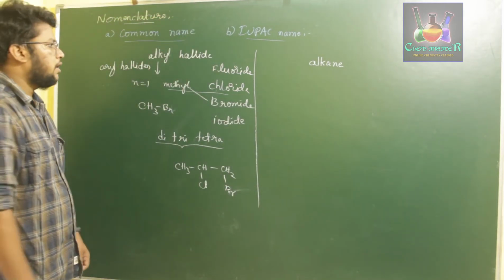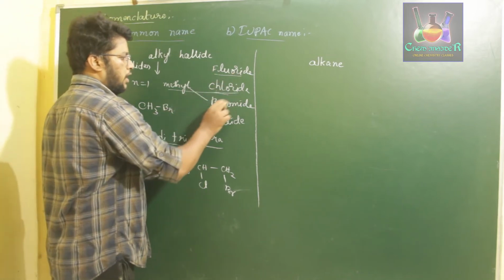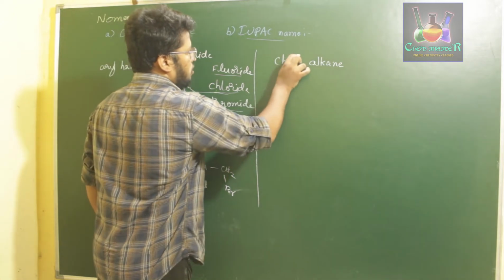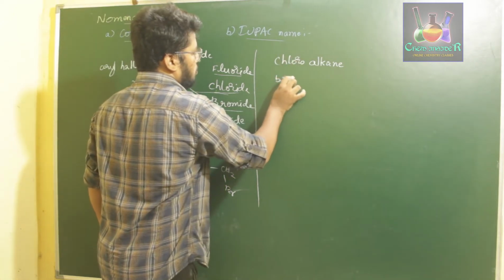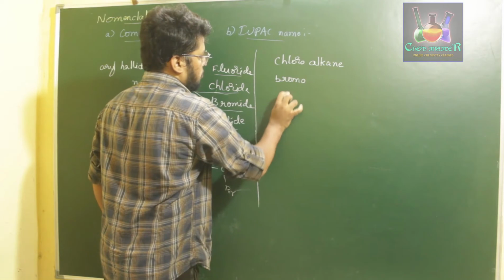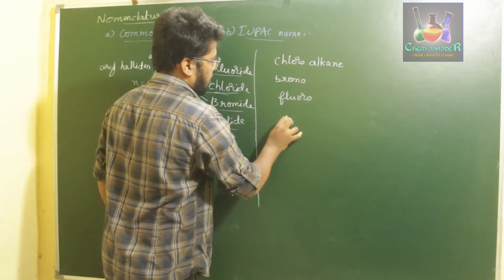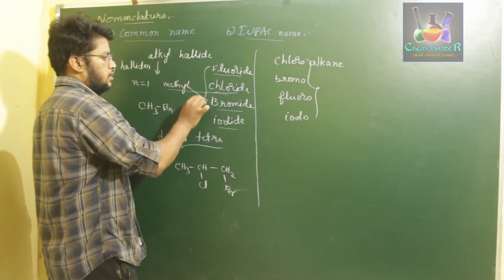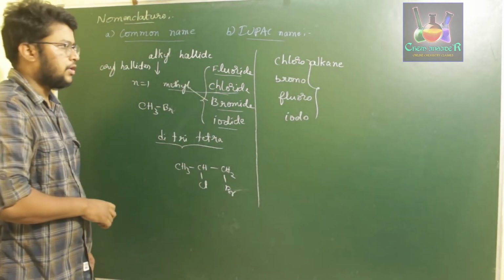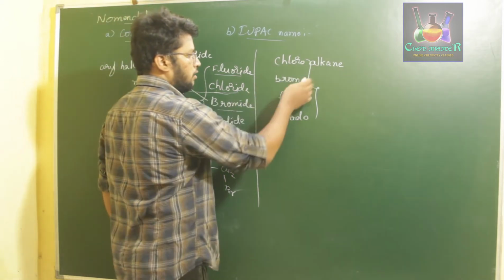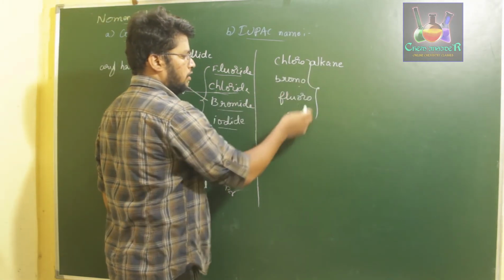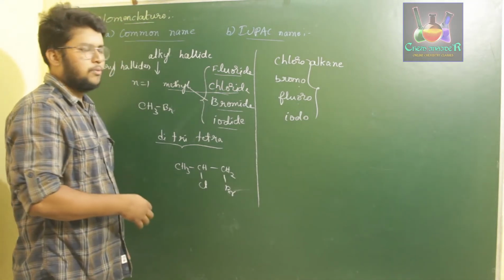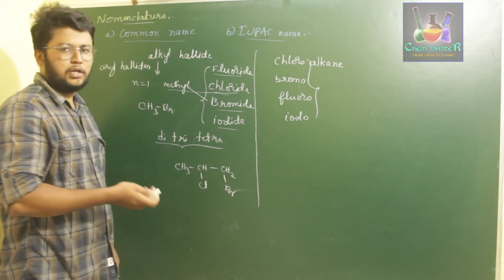The fluoride, chloride, bromide, iodide present will be taken as prefixes, such as chloro, bromo, fluoro, iodo. Here we consider them as prefixes: chloroalkane, bromoalkane, fluoroalkane, iodoalkane.